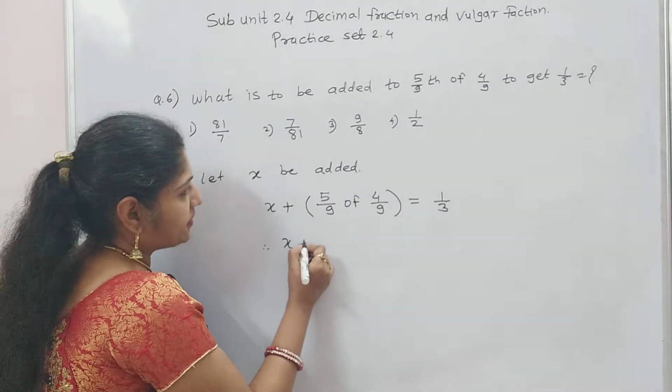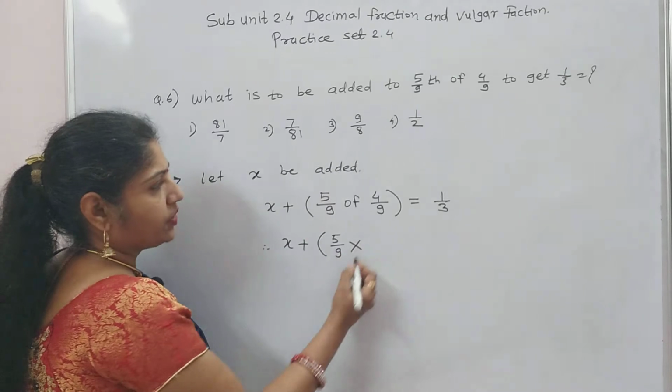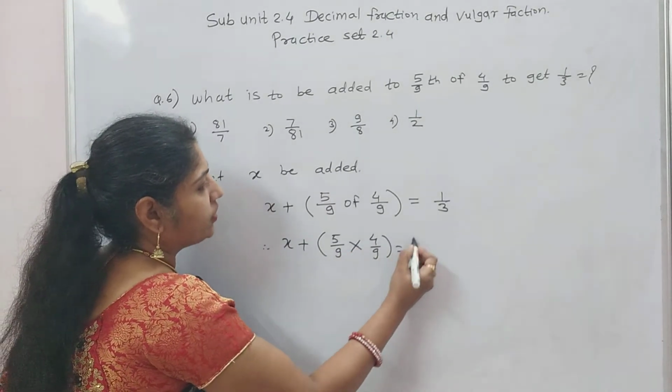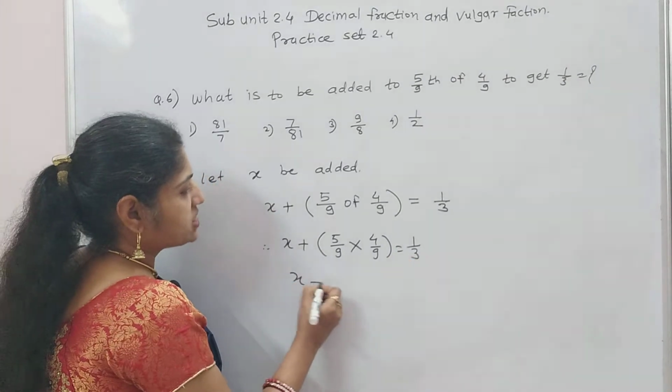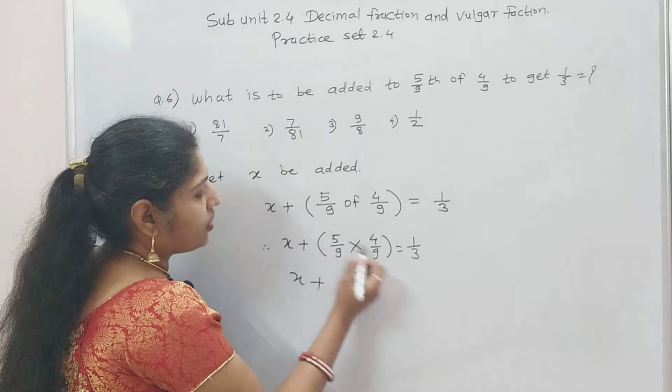So x plus 5 upon 9 into 4 upon 9 equal to 1 upon 3. Cross division, no common.